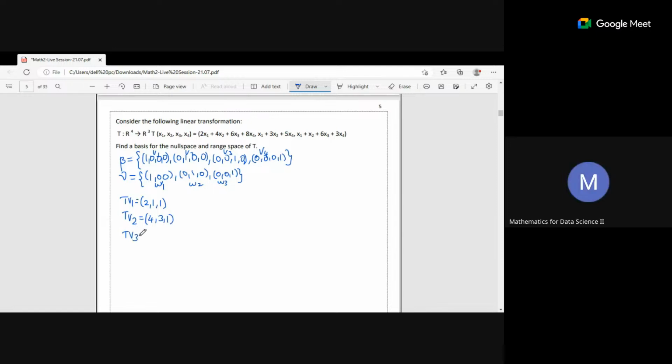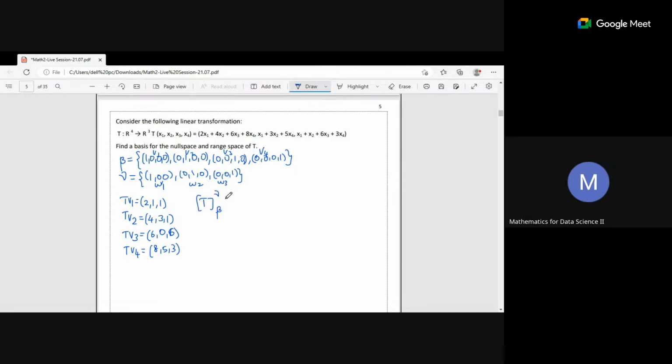And TV3 is 6, 0, 6. And what is TV4? 8, 5 and 3. So what is the matrix with respect to this given beta and gamma?